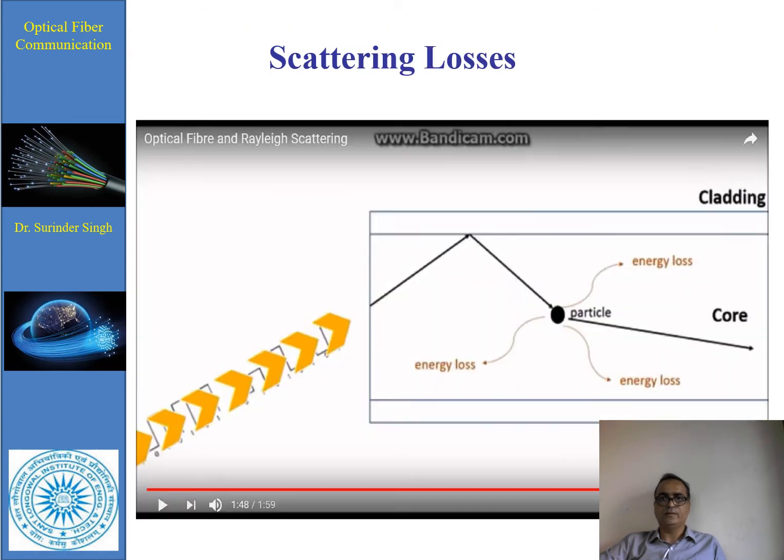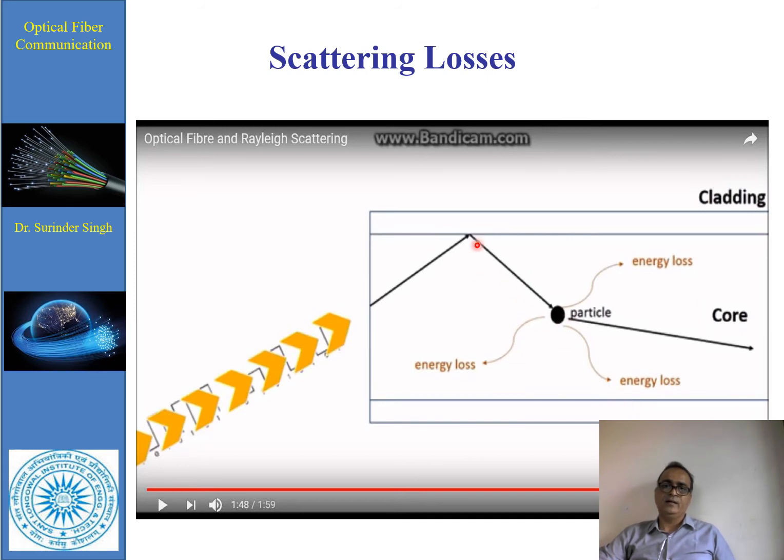Further, there is scattering loss. Scattering loss is basically whenever a ray falls at the core-cladding interface, if there is some impurity or some missing molecule, the light strikes there and the energy may be lost in the backward direction, maybe in this direction, maybe in this direction.